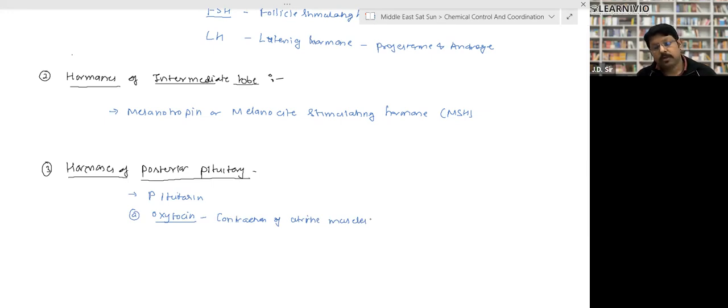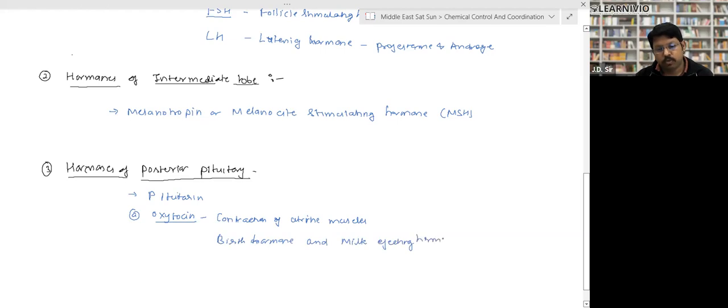Its role is important during birth. Hence, this is called the birth hormone and milk ejecting hormone.